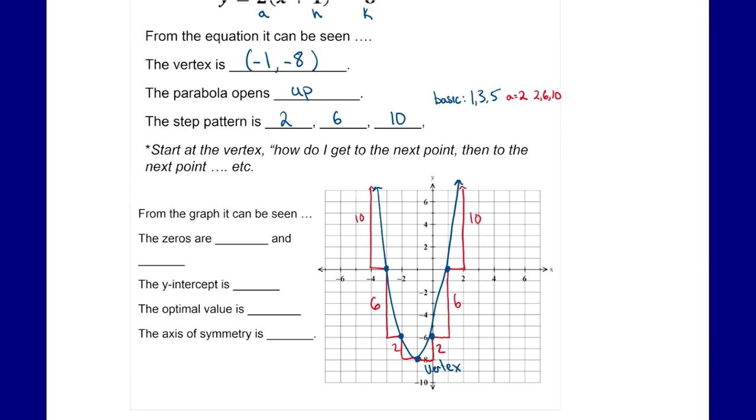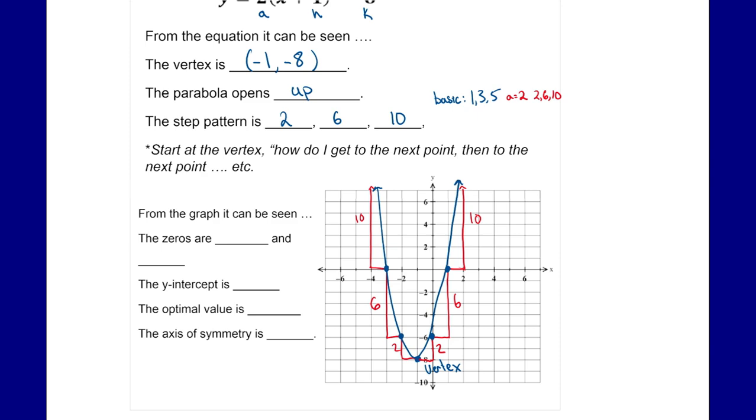Again, you don't really need to draw in those steps, but it is helpful to get an idea or to help you draw those points, or as you're learning how the step pattern works. It's okay to draw in these steps, but you don't have to if you're comfortable with the step pattern.